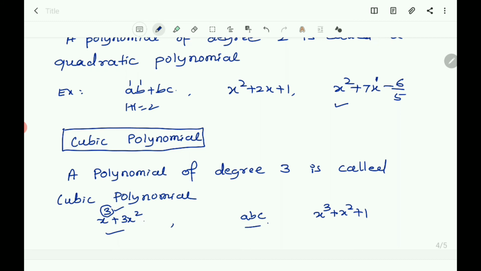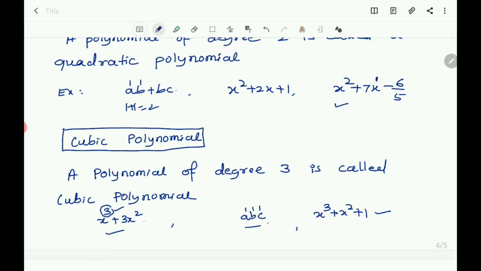abc is also a cubic polynomial. Why? Here there are three variables and their power is 1, 1, 1. If you add them, 1 plus 1 plus 1, it becomes 3. So abc is a cubic polynomial. Next you take the polynomial x cube plus x square plus 1.